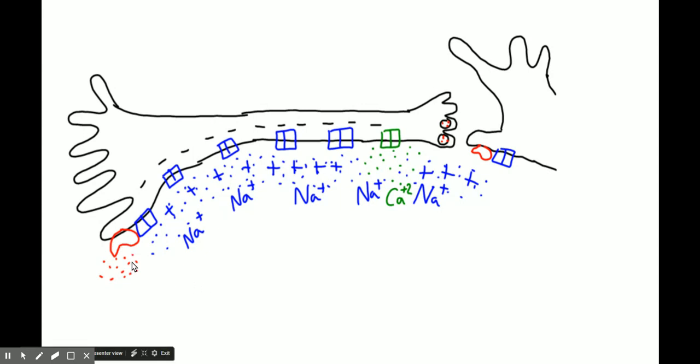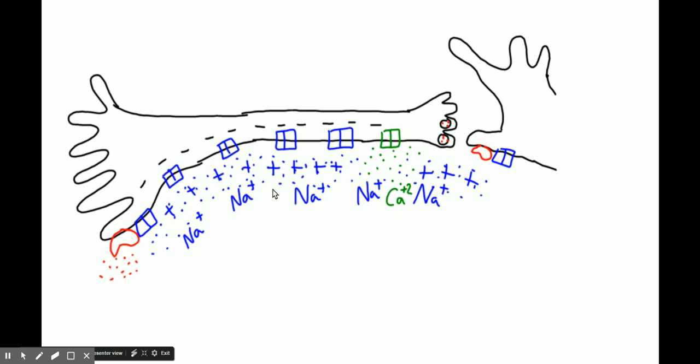This is a receptor. These are chemical stimuli. This is going to be a sodium ion channel, as with all of the rest of these. This is a calcium ion channel. The green dots are calcium ions, where all these blue dots are sodium ions.